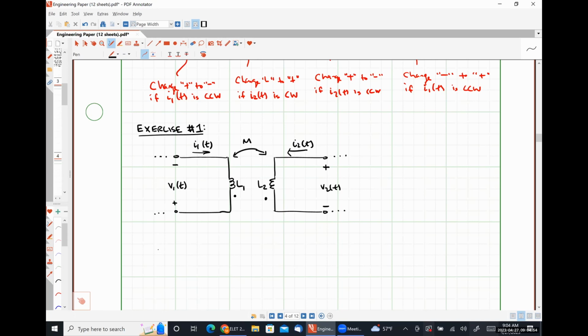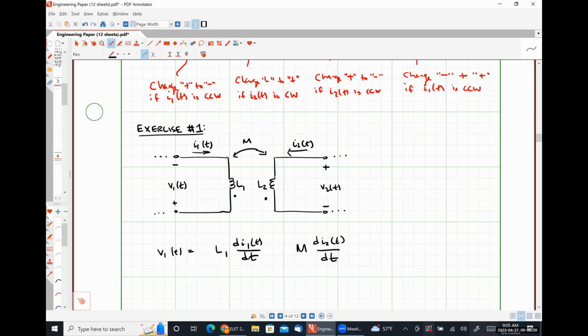So we're going to have V1 of t is equal to L1 di1 by dt, and then we're also going to have a term M di2 by dt, and we don't know what either of those signs are right now. So is the positive polarity terminal of the voltage on the same side as the dot?